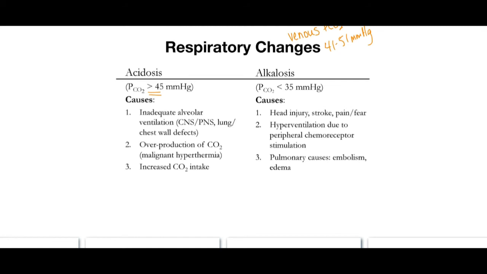Pain or fear, stimulation of the sympathetic system, ramps up that ventilation rate. You could also have hyperventilation due to peripheral chemoreceptor stimulation, or pulmonary causes that make you increase your ventilation rate in an attempt to get more oxygen. The end result is you get alkalosis if you do that too long without any kind of controlled feedback mechanism to slow it down.